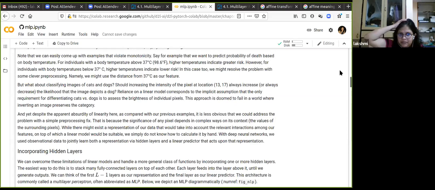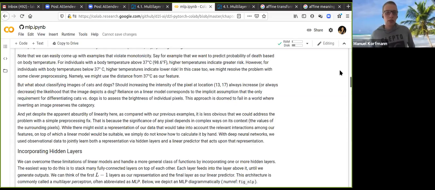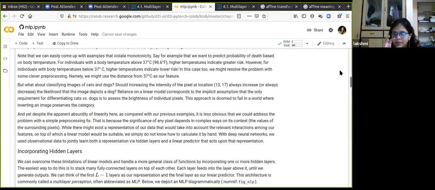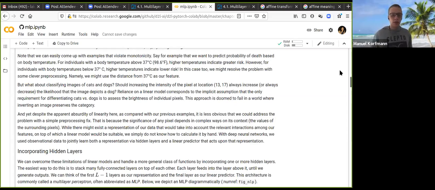Okay, do they say hidden layers are used to understand the surrounding pixels, something like that? And the linear prediction is, I'd say, not directly, but the same concept, right?